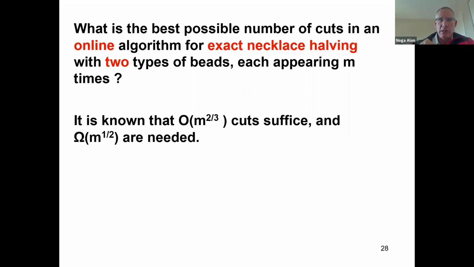The upper bound is m to the 2/3, the lower bound is only m to the 1/2, and maybe the truth should still be m to the 2/3, but it would require some modification. We don't see how to do it.